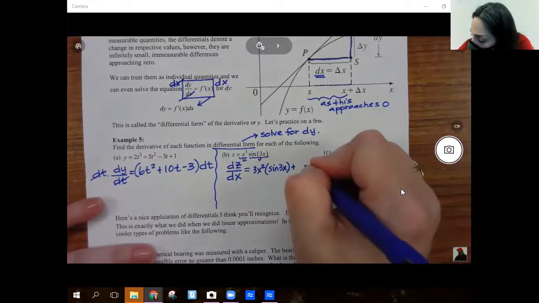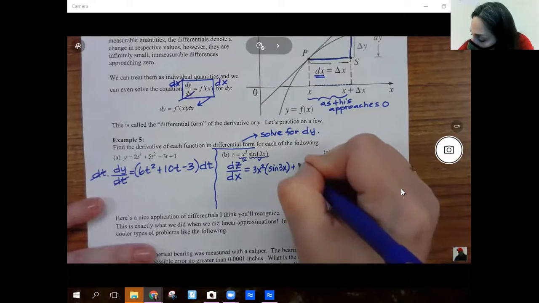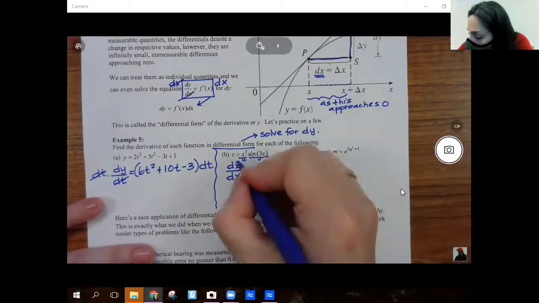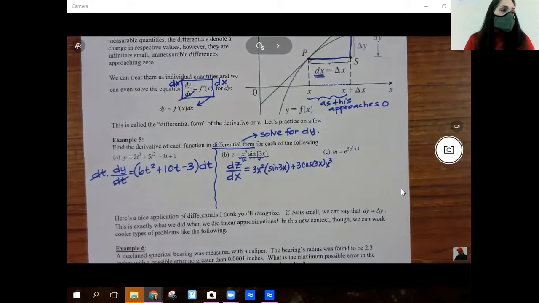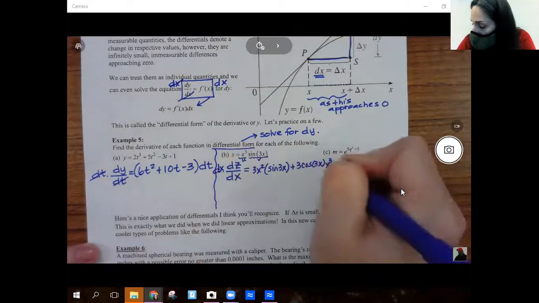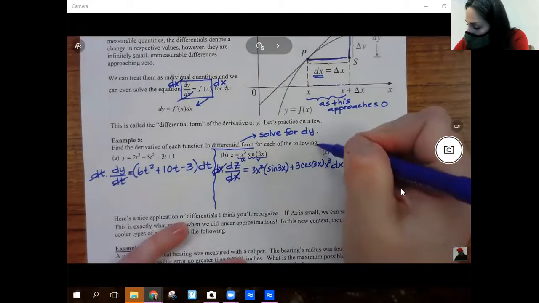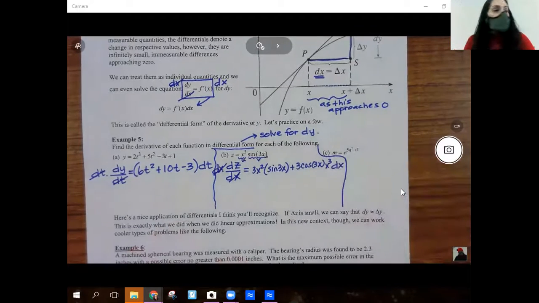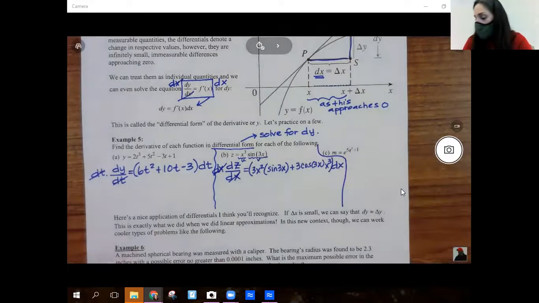So this is going to be derivative of sine is cosine 3x times 3 times u, which is x cubed. That's the derivative. In differential form, you get the dz by itself by multiplying by dx on both sides. I should put parentheses around this. There we go. That's better.